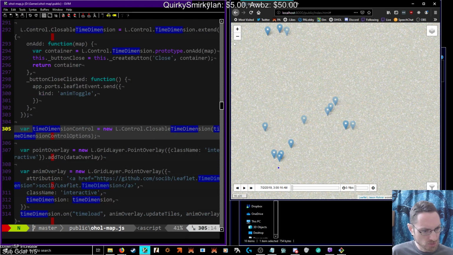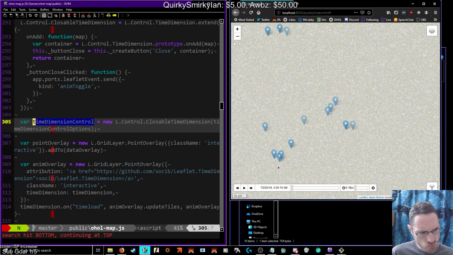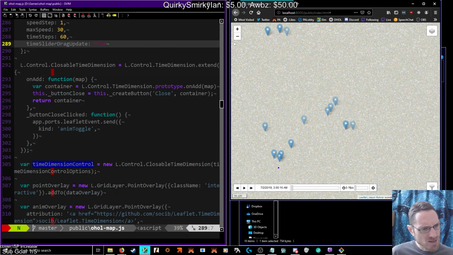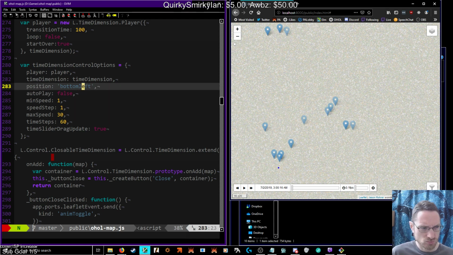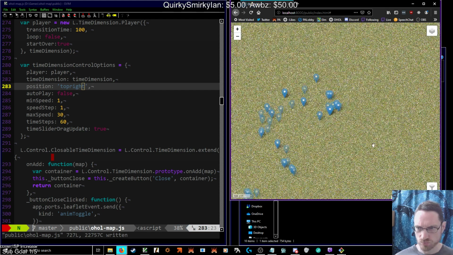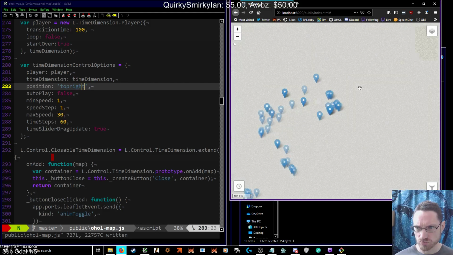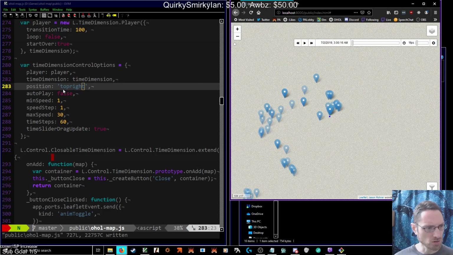Time dimension control options. Has the subclass removed all options? No, not all options.